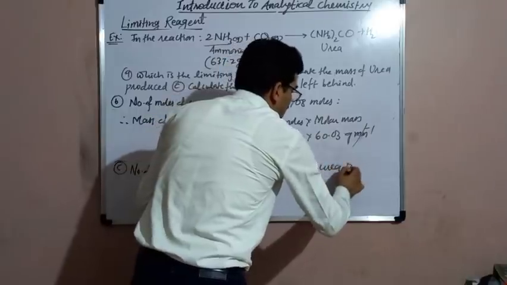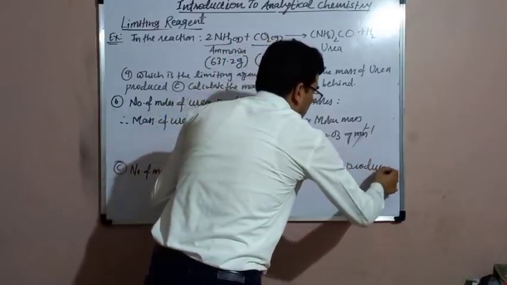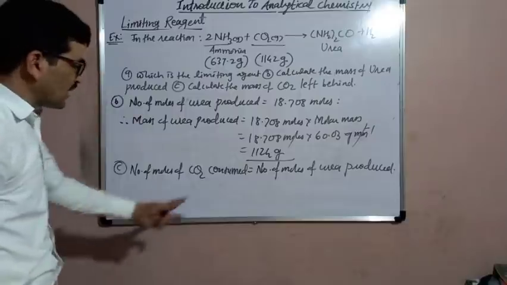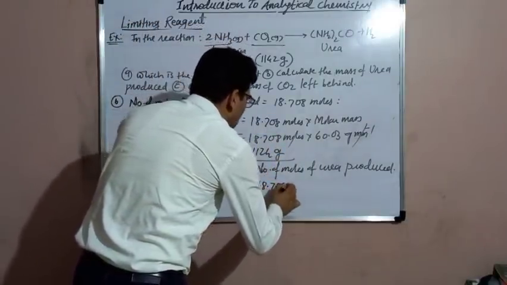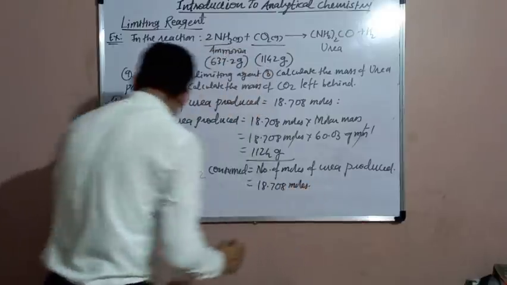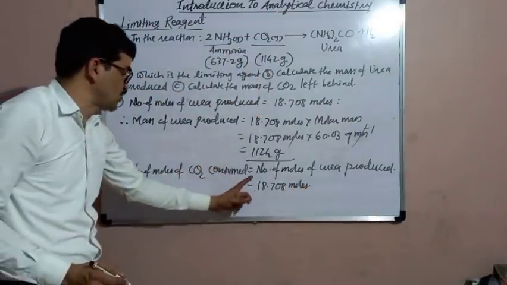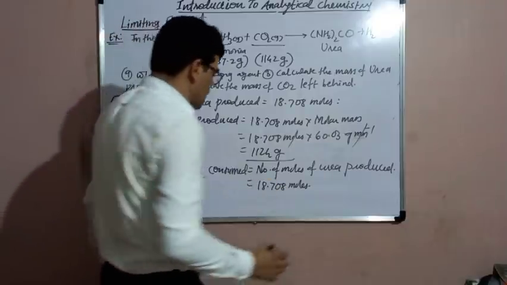But what are the number of moles of urea produced? 18.708 moles. Means number of moles of carbon dioxide consumed will be 18.708 moles.